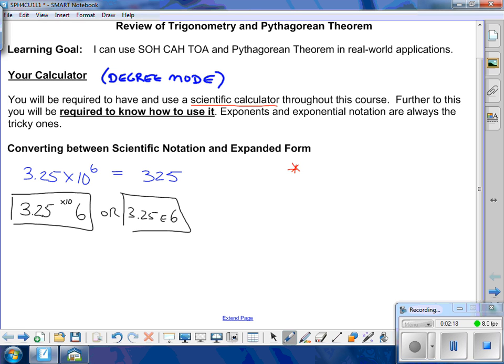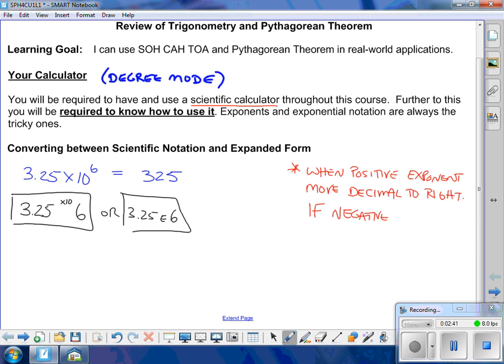So when positive exponent, move decimal to the right. If negative, we move it left. All right. So there's your general rule.